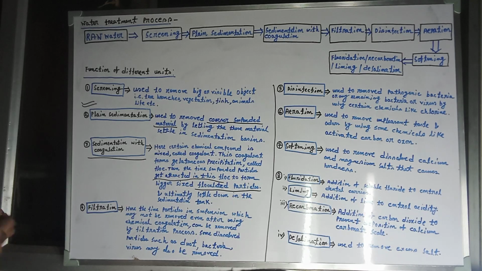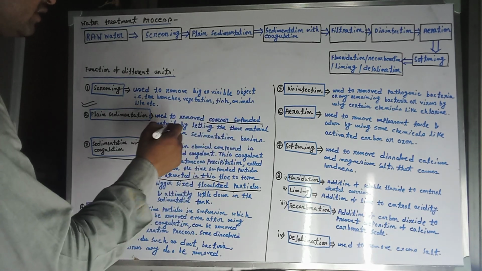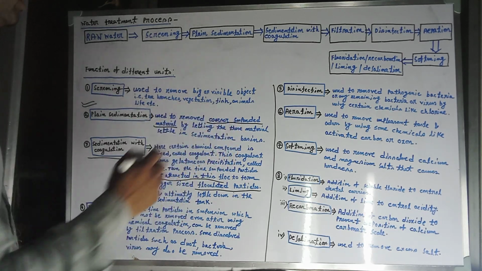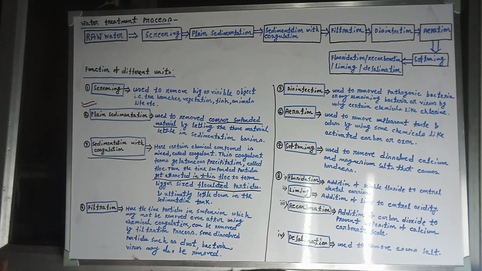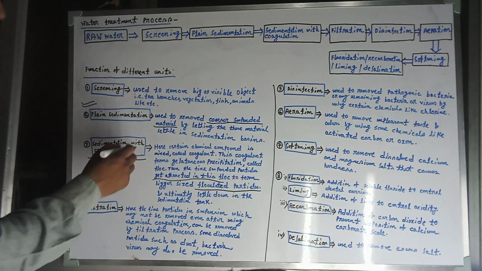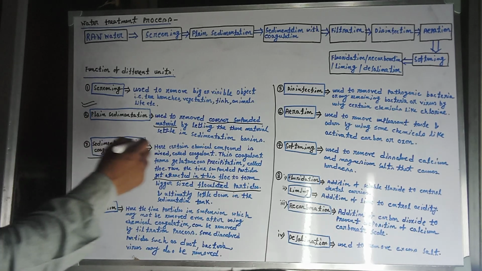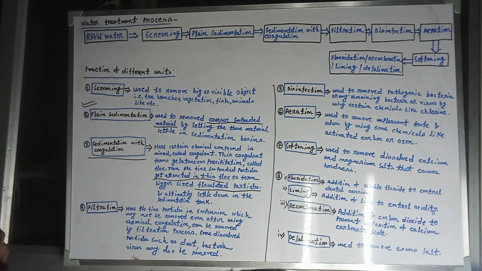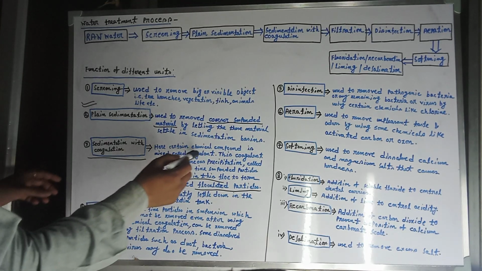Here we will remove some coarser particles by letting them settle in the sedimentation basin. If there are some coarser suspended materials in the water, they will settle down in the sedimentation tank. After that, we will send the water to the sedimentation with coagulation process. Here a certain chemical compound is mixed, which is known as a coagulant.